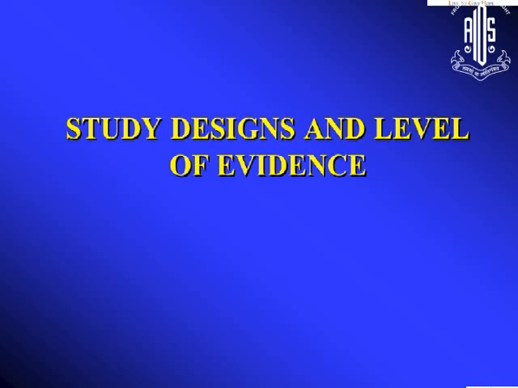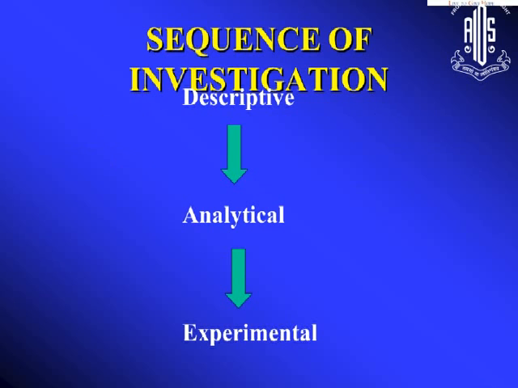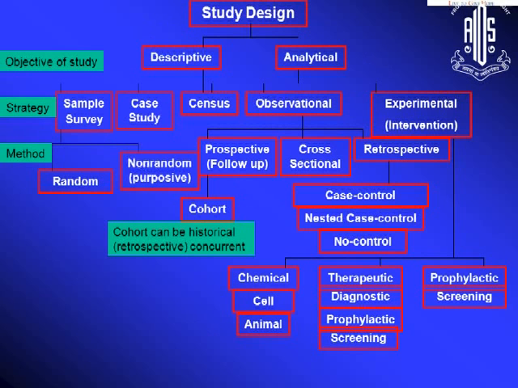And study design and level of evidence. I will quickly go through the sequence of investigations: descriptive, analytical and experimental. This all looks very complex, but mainly it can be either descriptive or analytical.